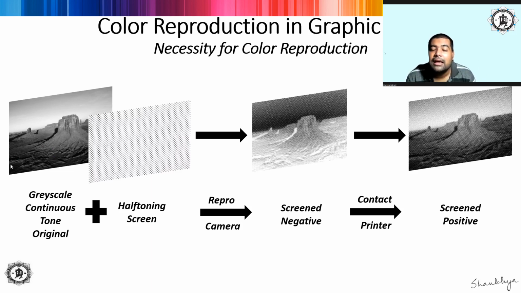Since offset is a planographic process, we need to keep the image and non-image areas on the same plane, but we need some mechanism in which we can distinguish between them. That means dot areas are the image areas and no-dot areas are the non-image areas, so that ink is applied only to the image areas, that is, the halftone dots receive ink, and the rest of the areas do not receive ink, remaining in the same plane albeit.